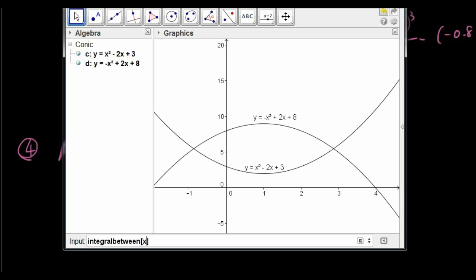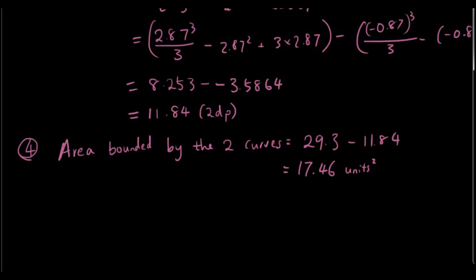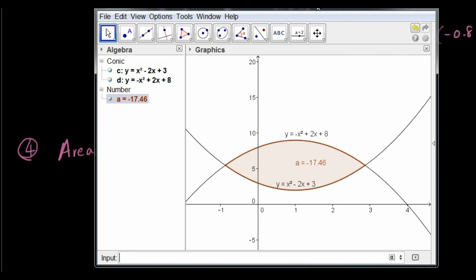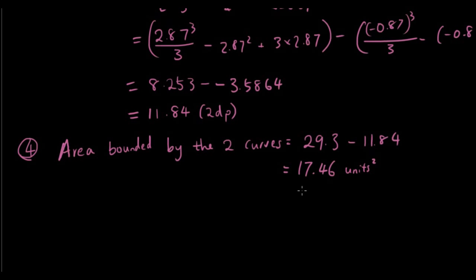So we have x squared minus 2x plus 3 and negative x squared plus 2x plus 8, and then we put in our two numbers, negative 0.87 and 2.87, and it's given us the area is 17.46. Don't worry about the negative sign. As you know, with area we can't have negative numbers, so the answer is just 17.46.